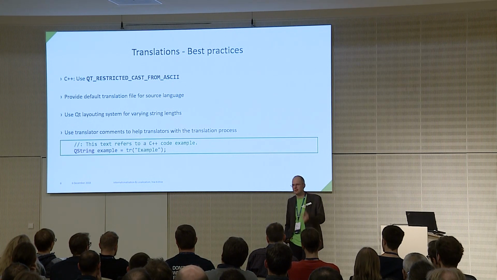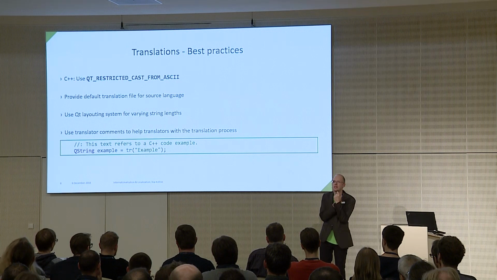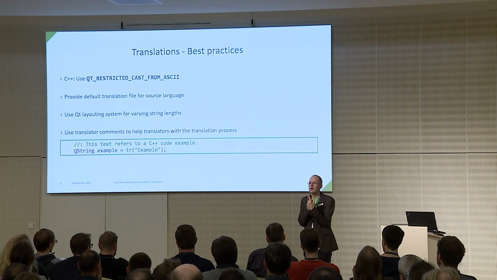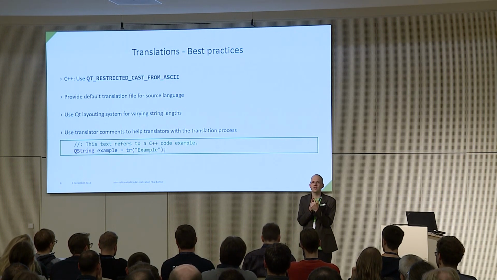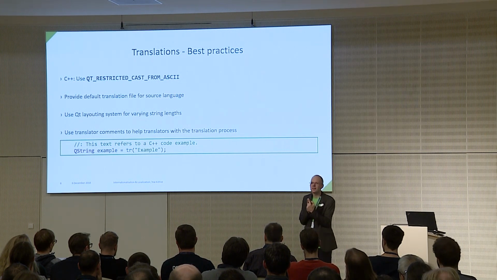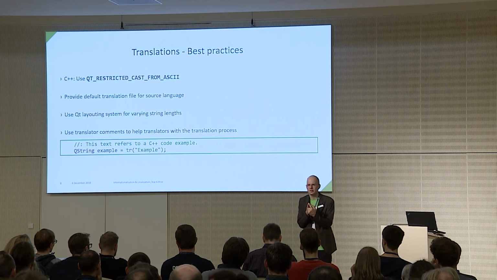Why? 3 reasons. Plural forms, even if you don't care about plural forms. Second reason is that it's very easy to change the UI later on, because you can just change the QM file. So if you have a typo or something like that, then you don't have to recompile. You can just update the English translation.